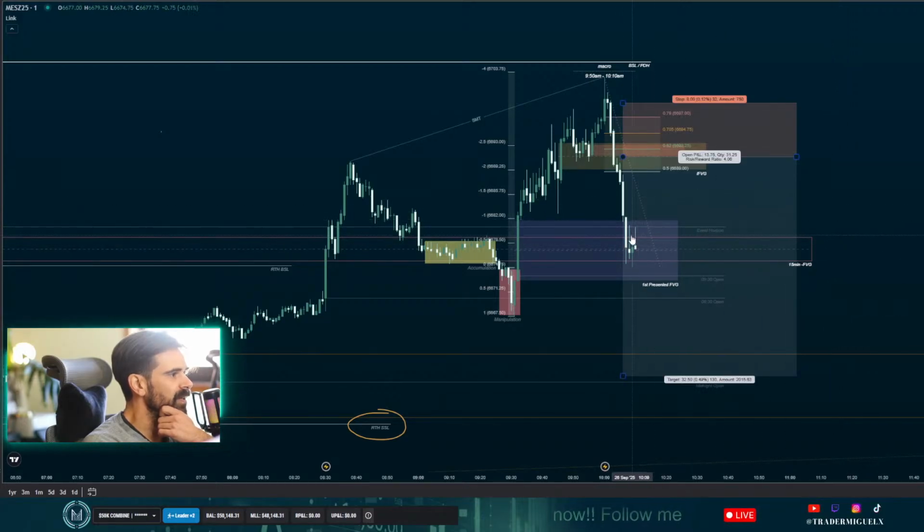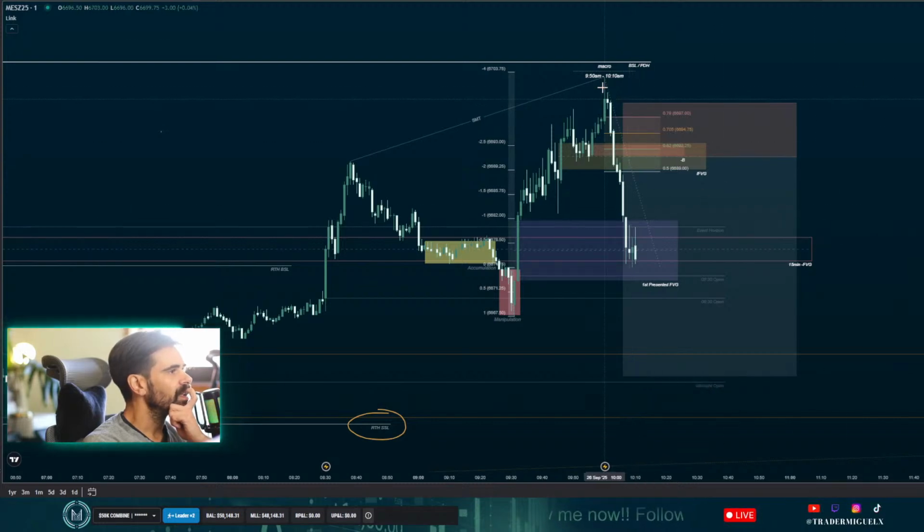But moving outside from the first presented fair value gap would be kind of strange as well. Let me just check here this projection.